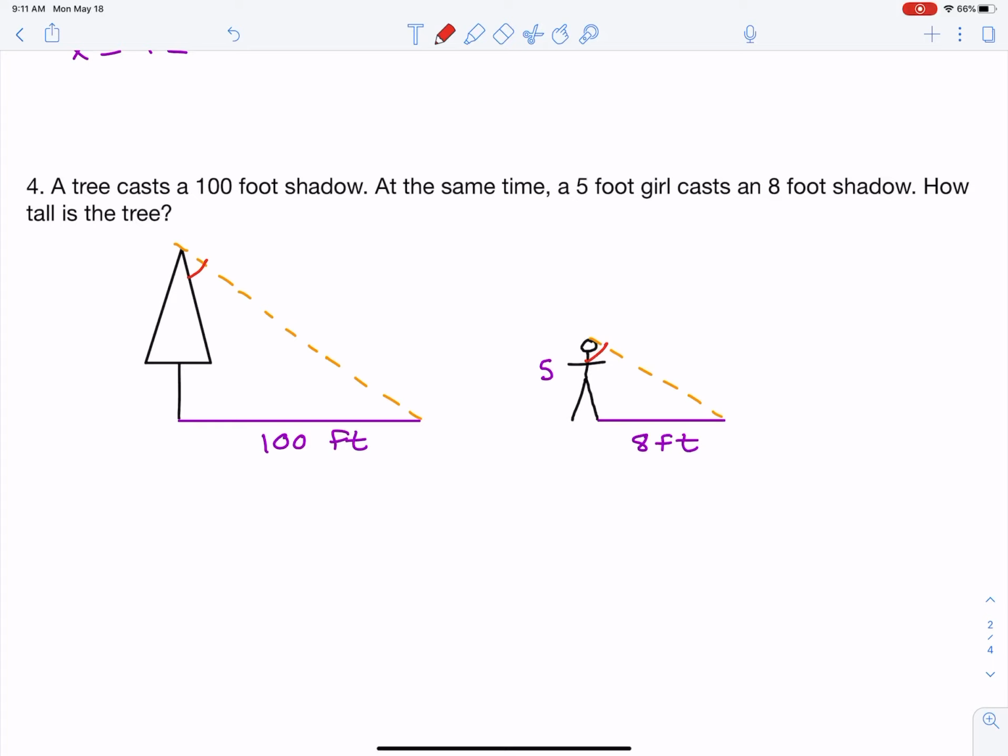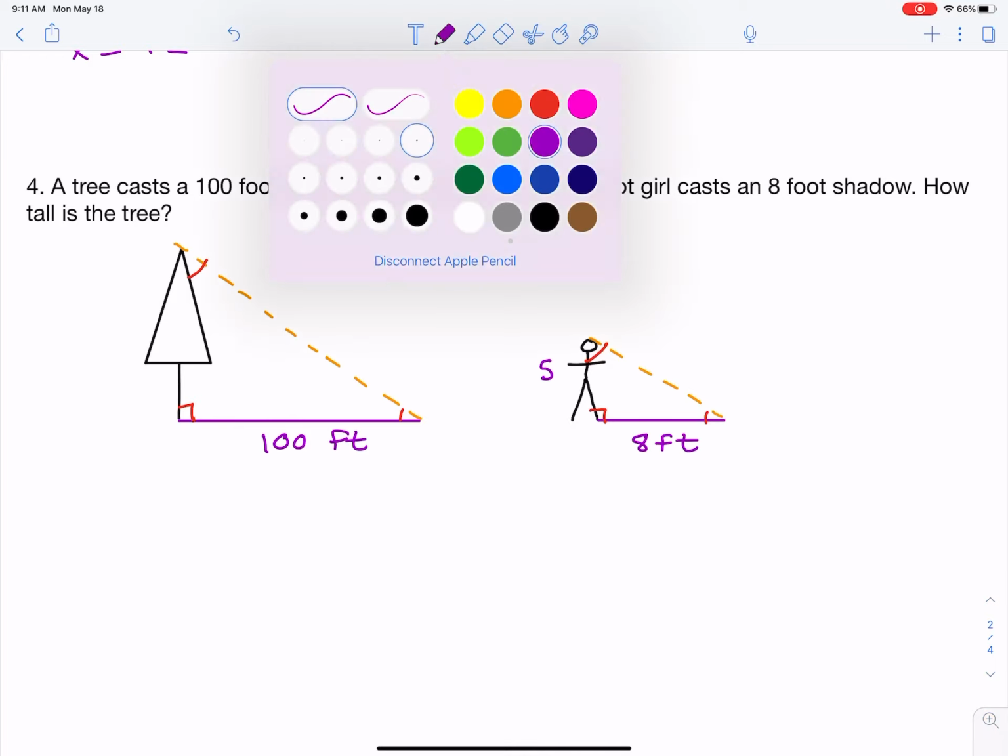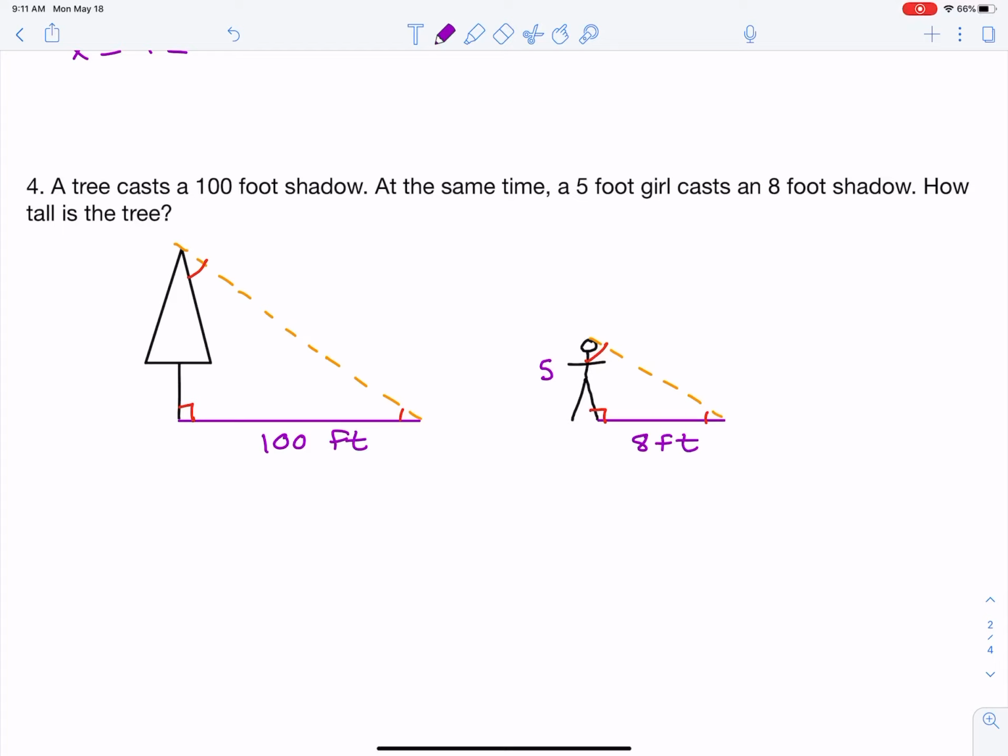Also, the tree is perpendicular to the ground, and I know it doesn't look like it, but she is perpendicular to the ground too. So these two triangles are similar. We didn't need to prove it, we just looked at it quickly and showed that it was.